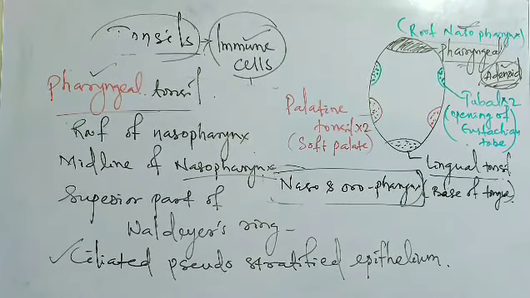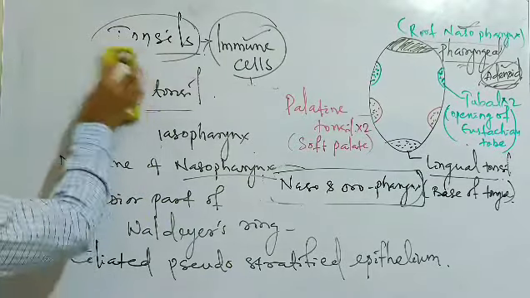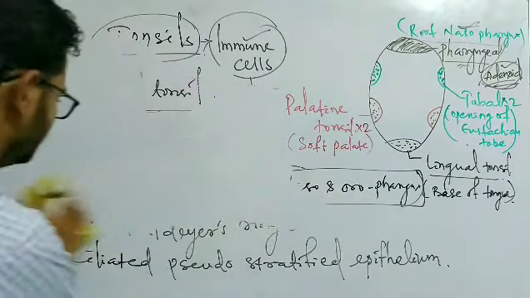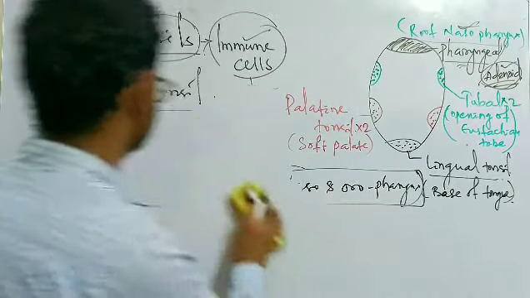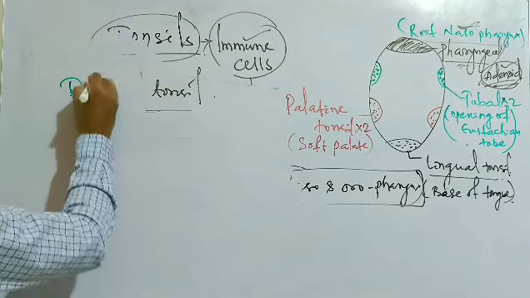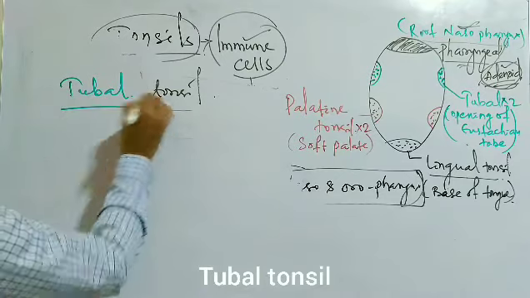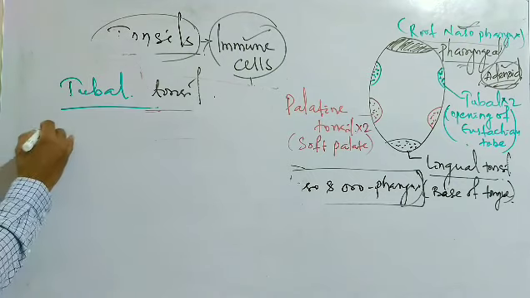Next, let's go for the tubal tonsil, which is present at the opening of the auditory tube or the eustachian tube. This is the tubal tonsil. It is present in pair, around the opening of the eustachian tube.